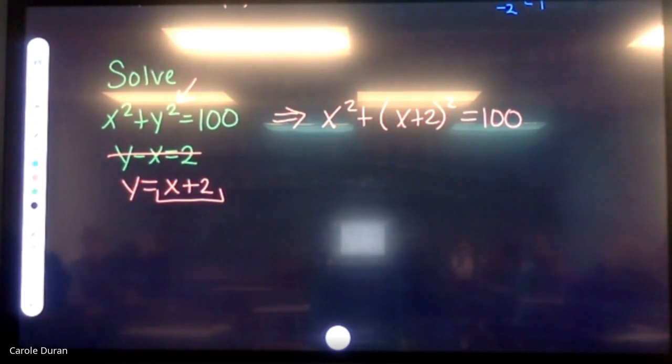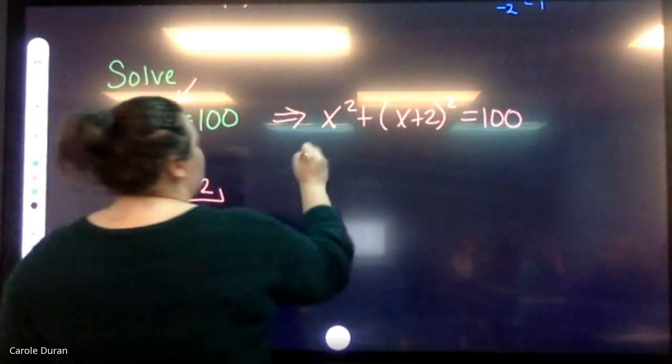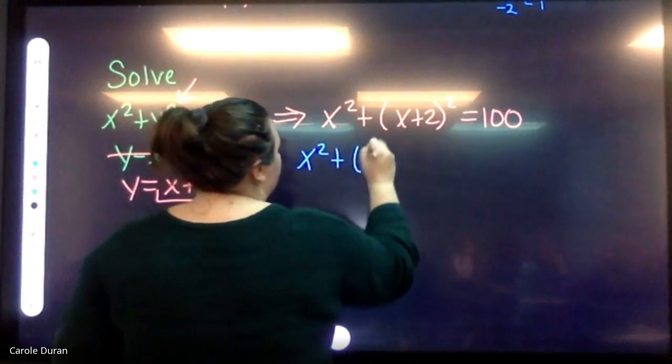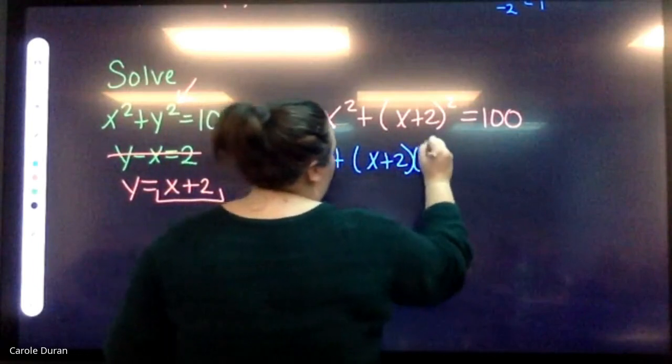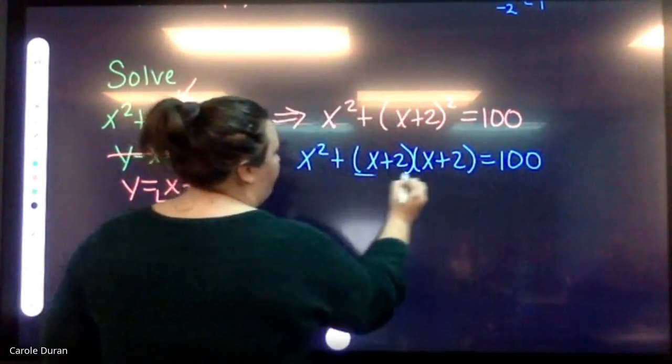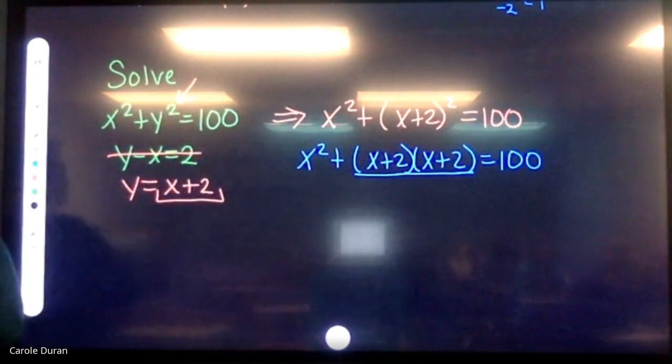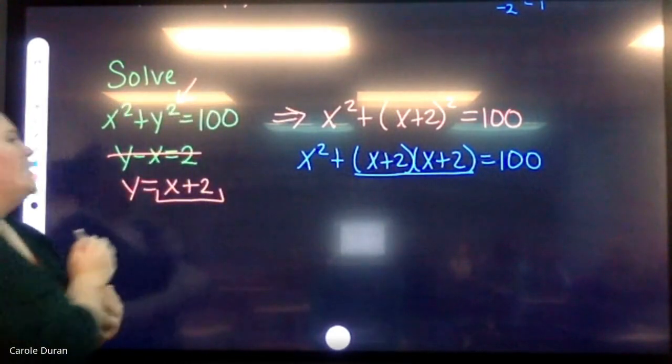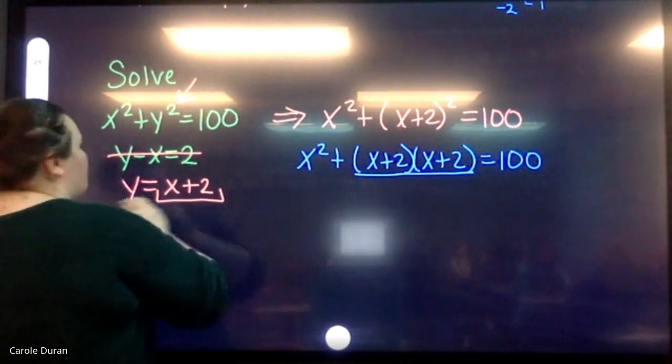x plus 2 times x plus 2, which means I'm going to FOIL it out. So then this becomes x squared plus (x plus 2)(x plus 2) is 100. I'm going to FOIL this x plus 2 times x plus 2 out. I'm going to color code it for anybody who needs the practice.